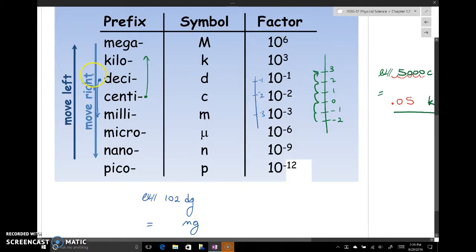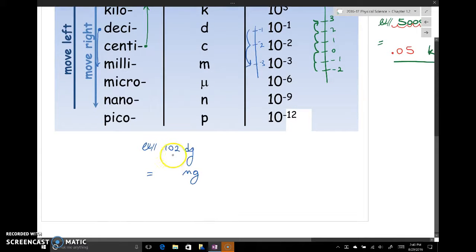We're going down the list, so we're going to move to the right, 1, 2. So we should have 102, and get 2 extra zeros there, so we've got 10,200 milligrams.